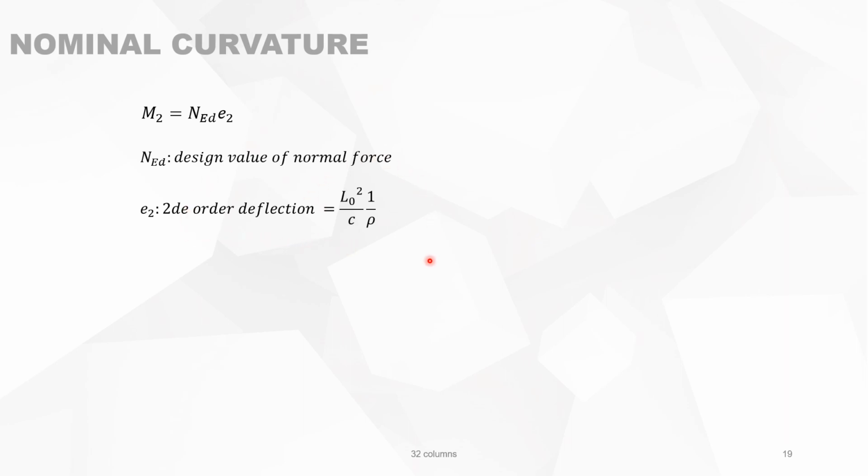It's defined as L0 squared divided by a coefficient c multiplied by the curvature. c is 10, it is in fact pi squared. L0 is the effective length, and the curvature is given by Kr Kφ times 1 over r0. Those coefficients Kr and Kφ take into account the shrinkage effect and the moment distribution.